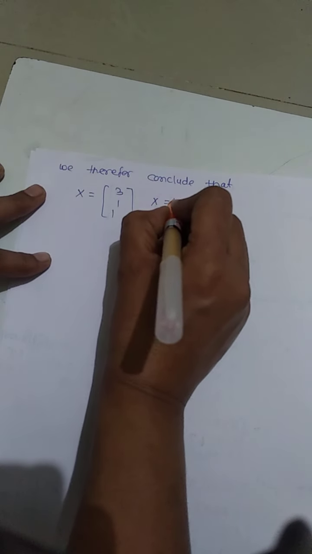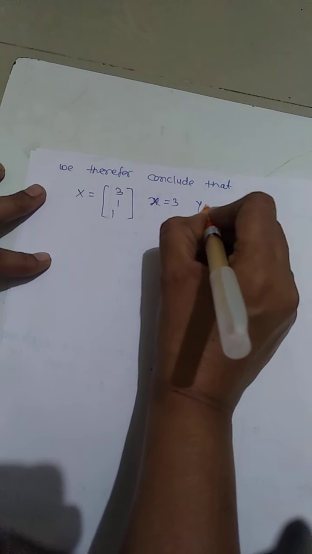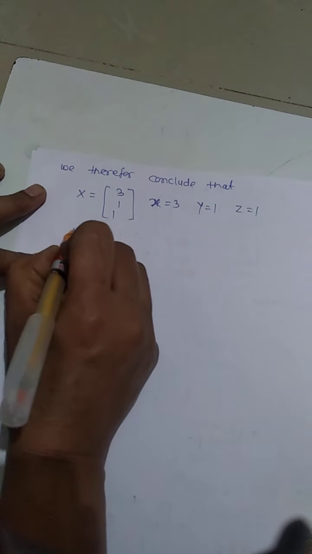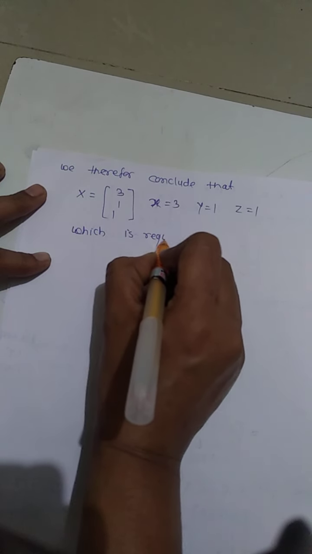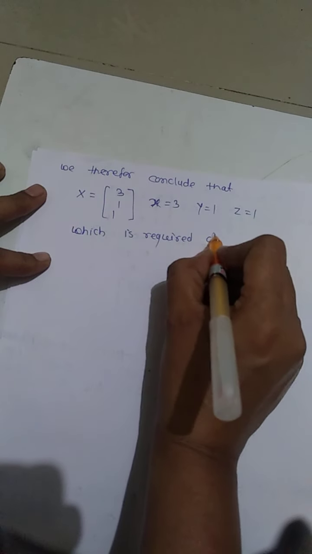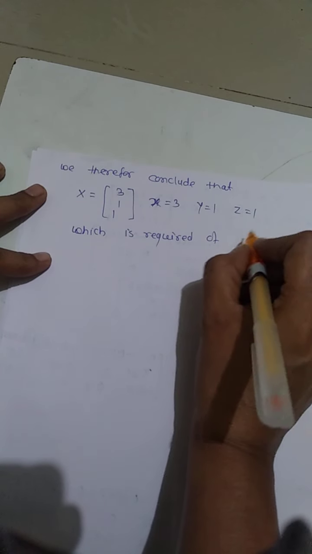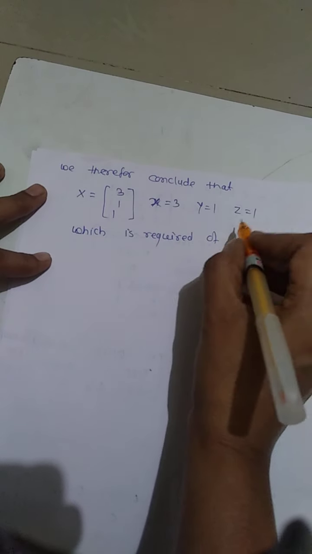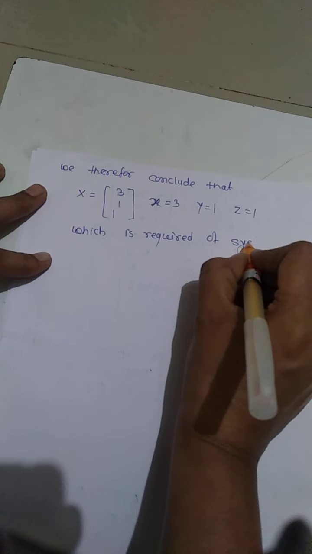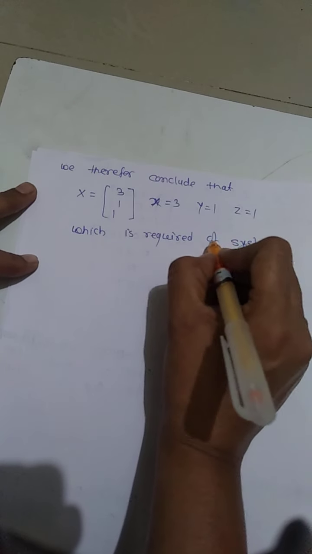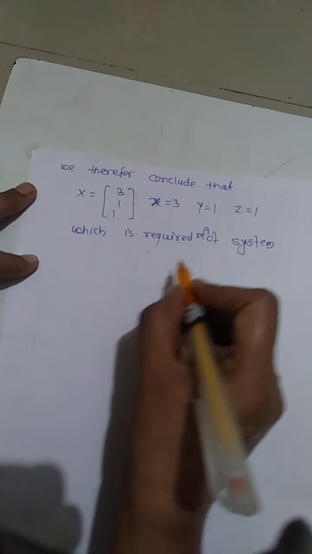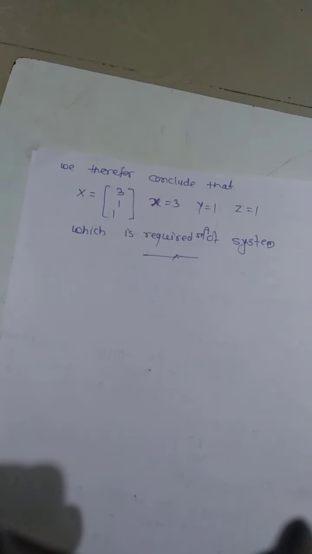Means x is equal to 3, y is equal to 1, and z is equal to 1, which is the required solution of the system by the Jacobi method. This procedure is used up to the term x and then we get the solution.